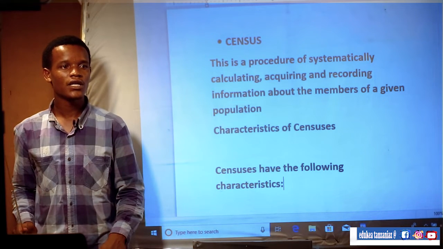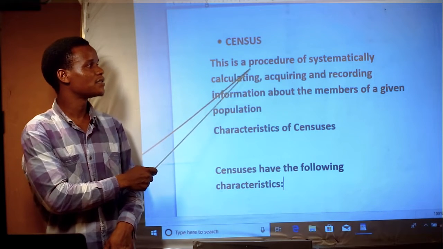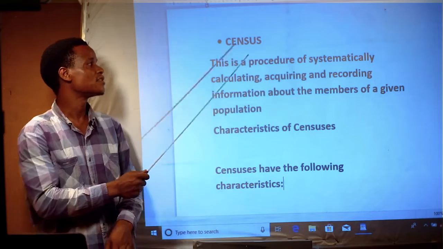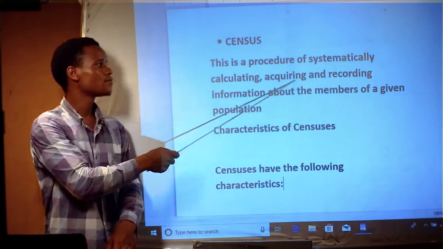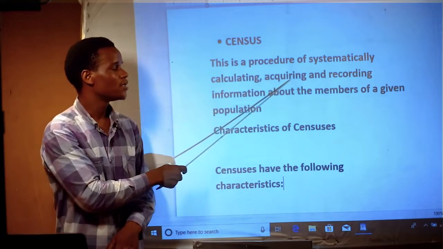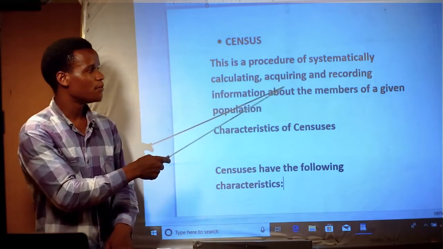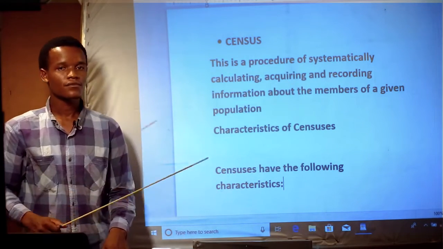So those who conduct the census pass through one stage up to another. That is why we say this is a procedure of systematically calculating, acquiring, and recording information about the members of a given population.